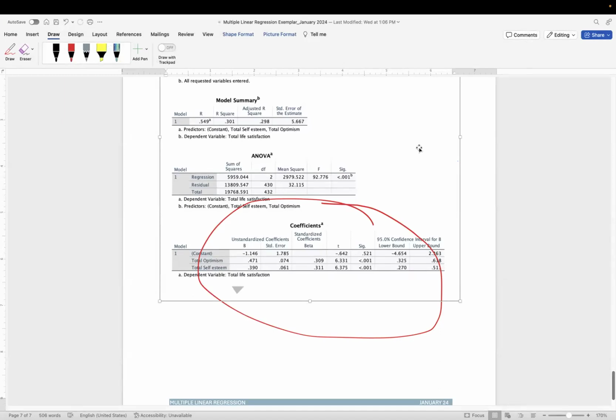Suppose my self-esteem score went up by 1 point. See that? That's what you're doing there. Were both of these variables significant contributors to the model? Which was the strongest contributor?